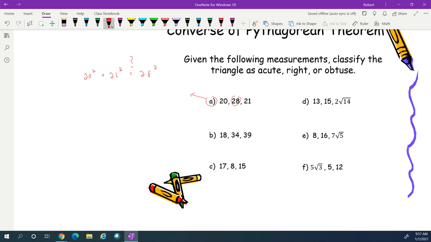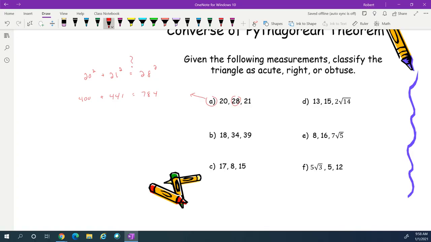And again, this is a test, so question mark, testing it. 20 squared, we have 400. For 21 squared, 441. 28 squared is 784.